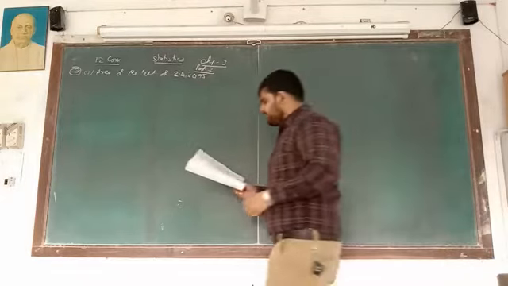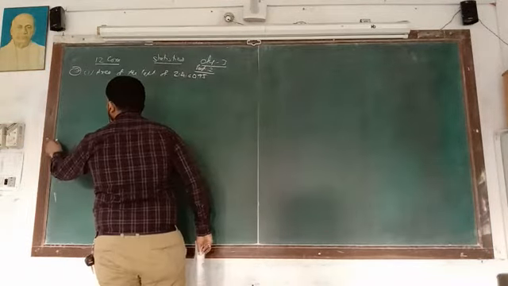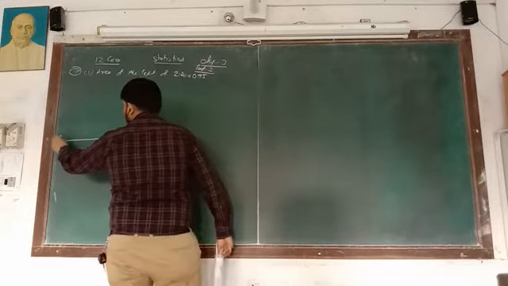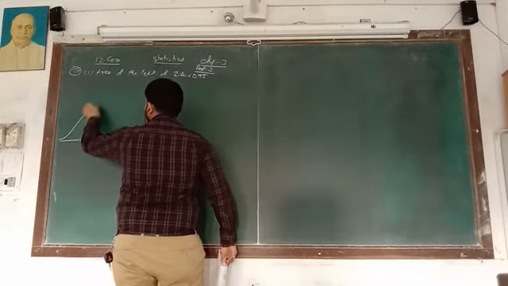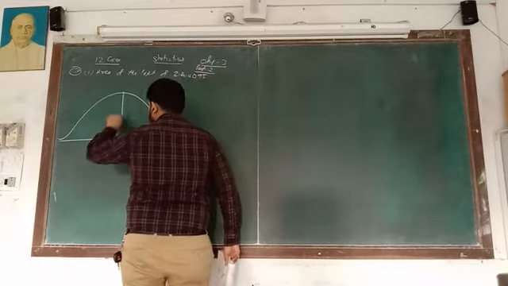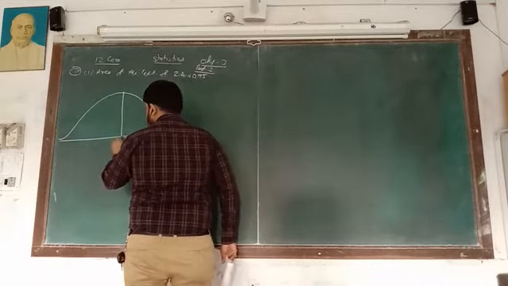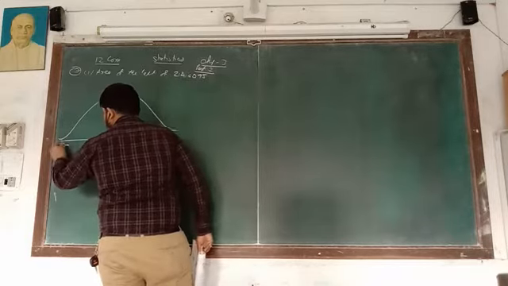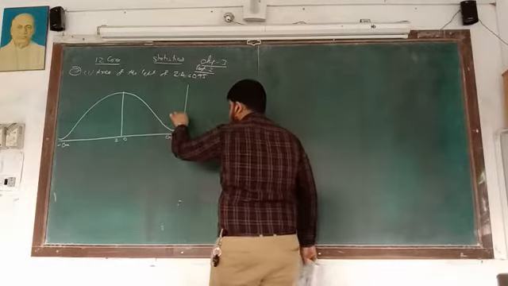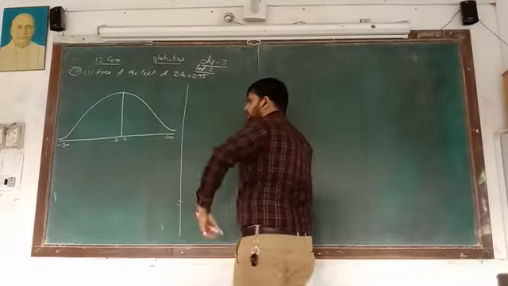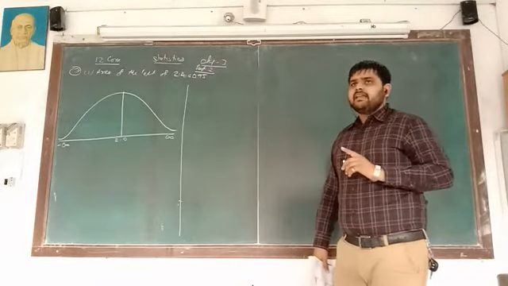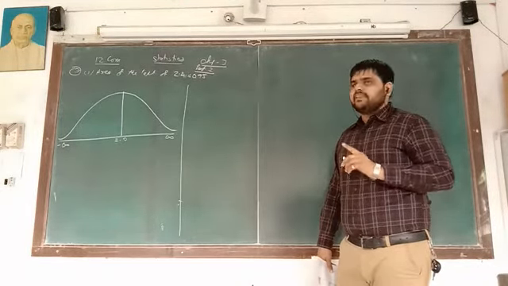So here I will draw the bell-shaped diagram. Okay, so this is the bell-shaped diagram. This is z equal to 0, with minus infinity and plus infinity. So what is in question?